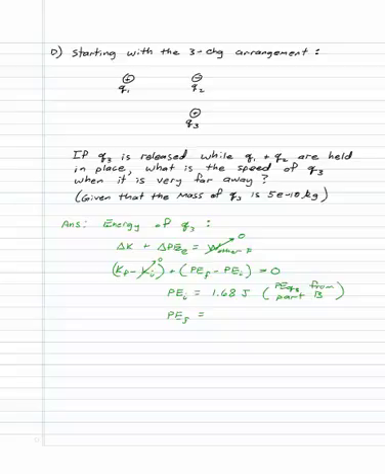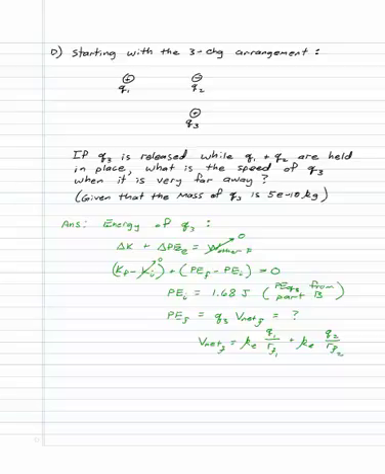That's going to be Q3 times the potential. We know what Q3 is, but we need the net potential at this final location. I'm going to write out the whole equation so we can see exactly what happens. We have the potential associated with Q1, and the potential associated with Q2, using the final distances: the distance from Q1 to the final location and the distance from Q2 to the final location.